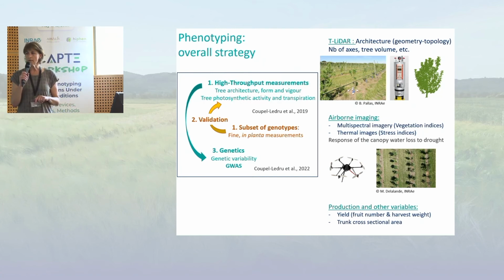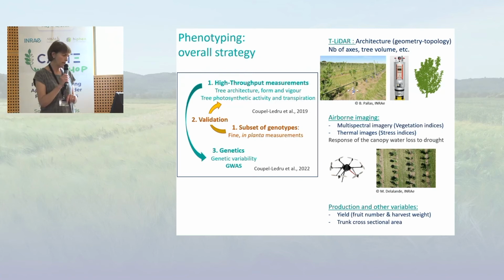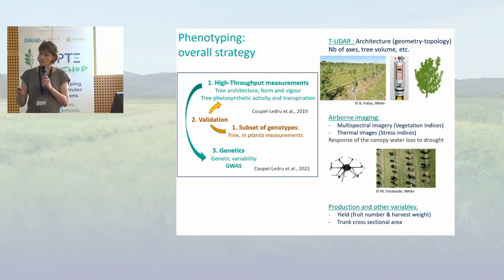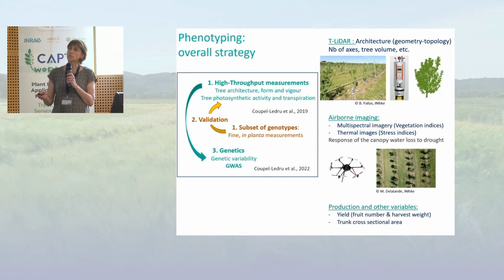We also collected some more classical variables like production, tree trunk cross-sectional area. Of course, when we started this approach, we had to validate because with high throughput measurements, we have proxies of the variables, so we need to validate with in-planta measurements before going for genetic analysis.